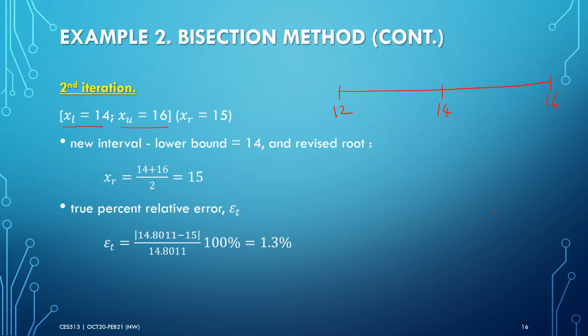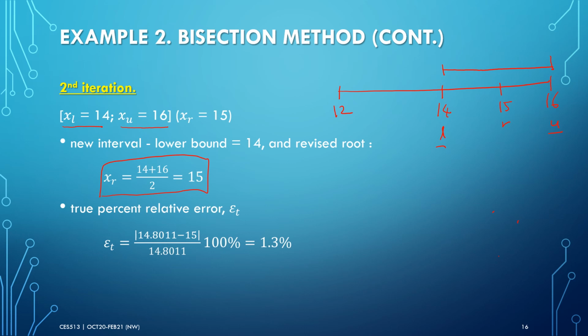Since the multiplication of the functions at 12 and 14 is positive, the new interval we need to consider is from 14 to 16, which is for the second iteration. 14 will be the lower bound and 16 will be the upper bound. Then we get the estimated root from this equation, (14 plus 16) divided by 2, which is 15. That is the estimated root.